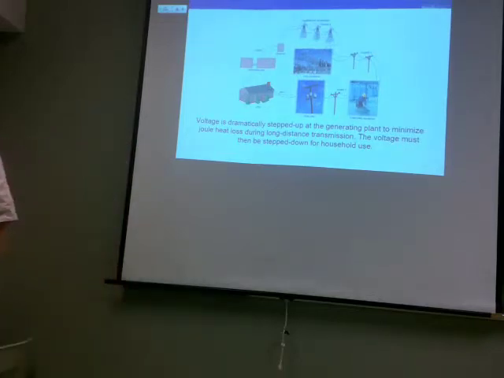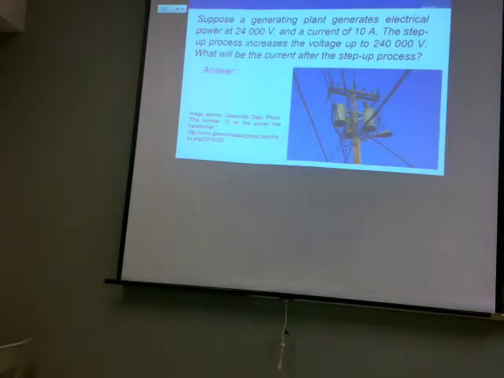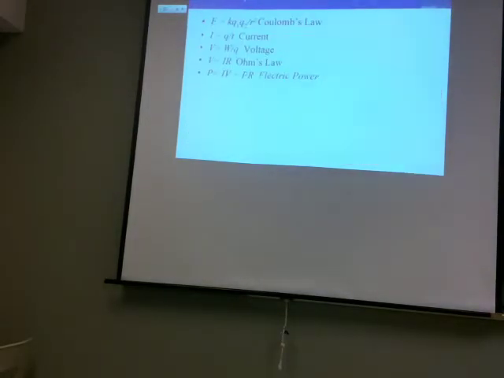That steps it down to your 120 volts for your house. And so this reduces the amount of power that's lost in sending current all over the country from the power station.